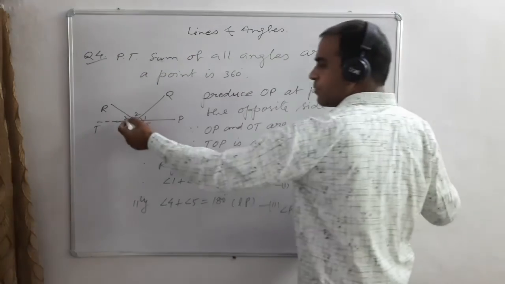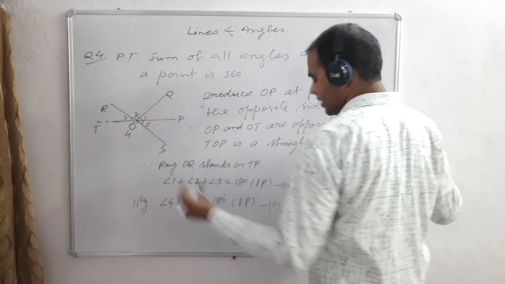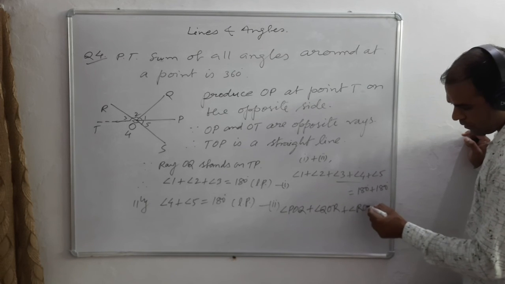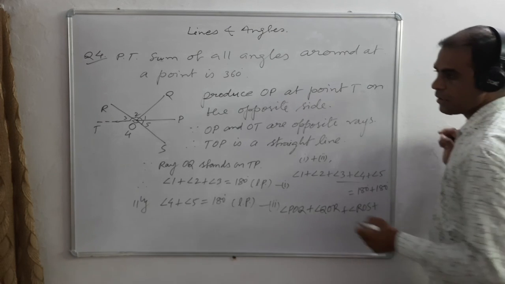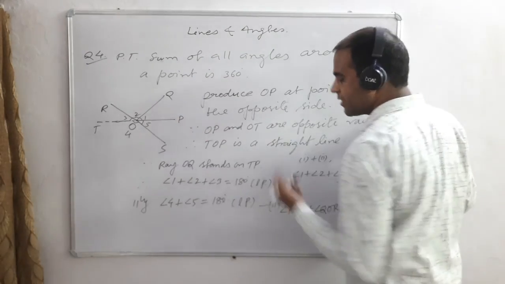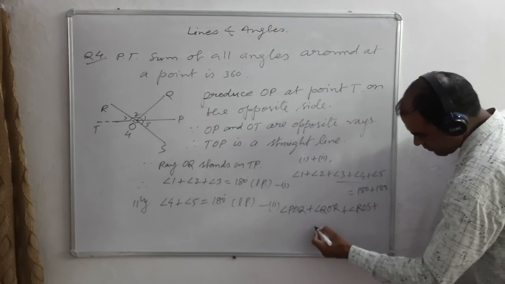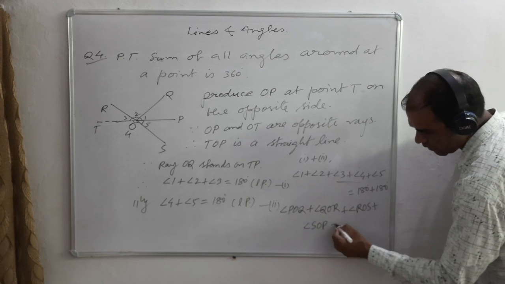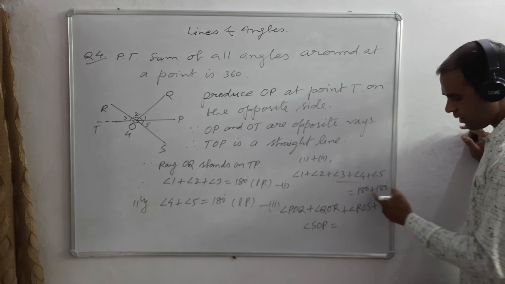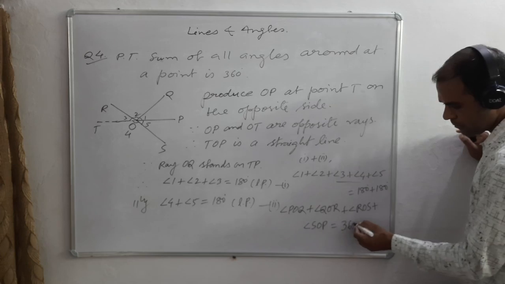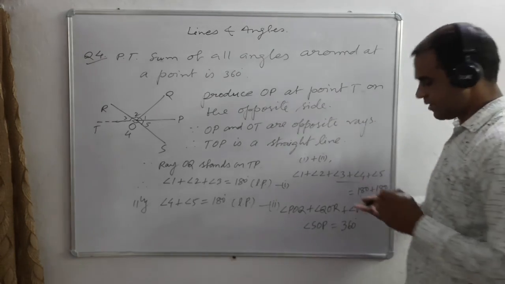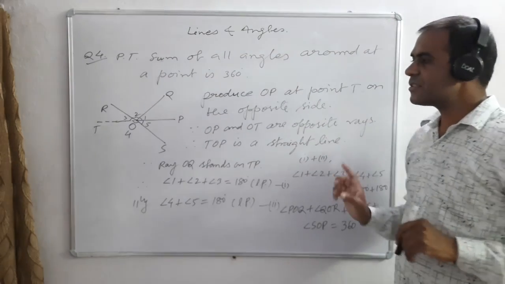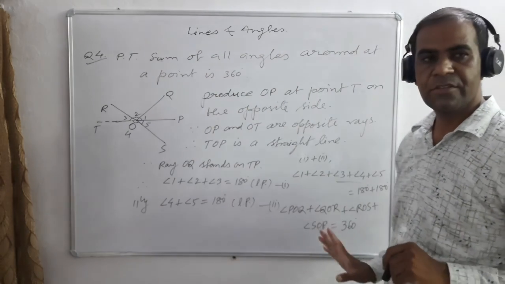And the sum of 3 plus 4 is ROS. Sum of this 3 plus 4 is angle ROS. And angle 5 is SOP. The sum of these angles is 180 plus 180, which is 360 degrees. So this is the proof. Sum of all angles around a point is 360 degrees.